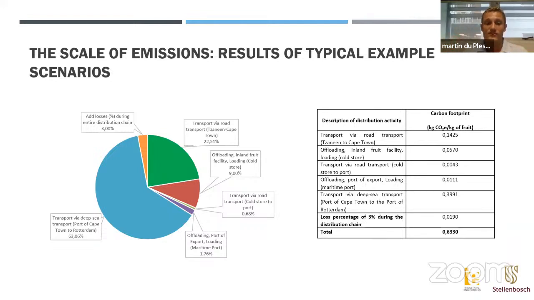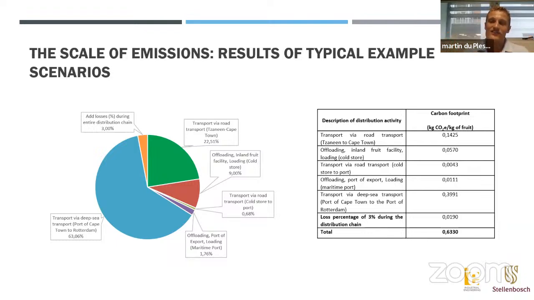So for that specific scenario, the pie diagram on the left-hand side shows the results. One can clearly see that the deep sea leg is responsible for a large proportion, but the remaining activities have a significant impact on my total emissions. So it's really important that we analyze all the activities, big or small. We can't neglect any of them without proof.